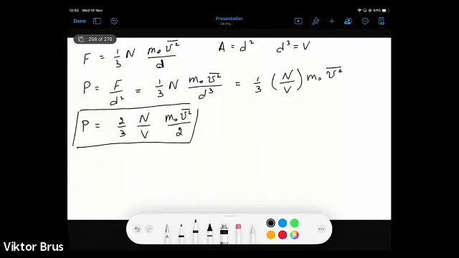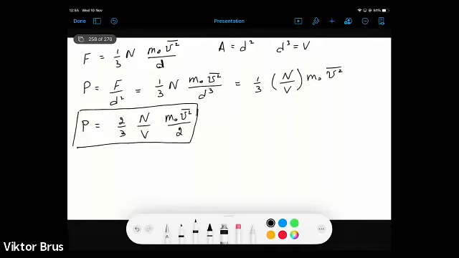We will get higher pressure if we have more molecules, and also higher pressure if we get higher velocity, speed of these molecules, specifically speed of molecules in second power, so it will have a stronger impact on pressure, and less pressure if we increase volume.